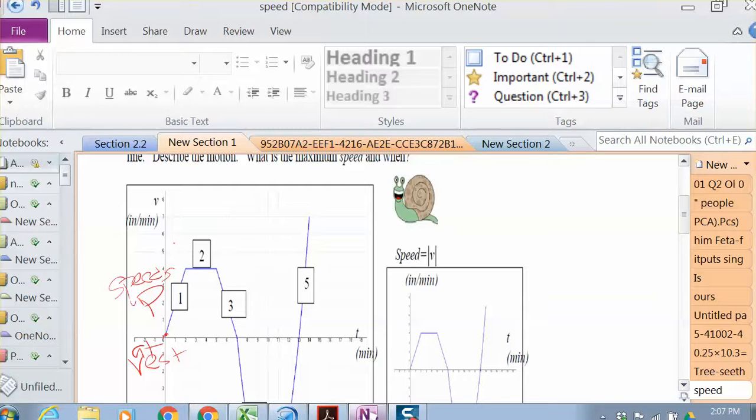Then, what happens in the second portion? Yes, a constant speed. So it's staying at the same speed of 4.